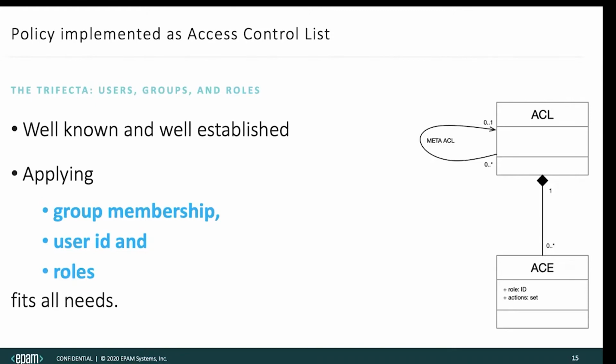And when we calculate the effective ACL, that's nothing else than a set of actions, and an action gets into this effective set if the action is a member of any of the ACE sets where the ID is the user itself, the ID is a role which the user has currently, or the ID is a group ID that the user is a member of.